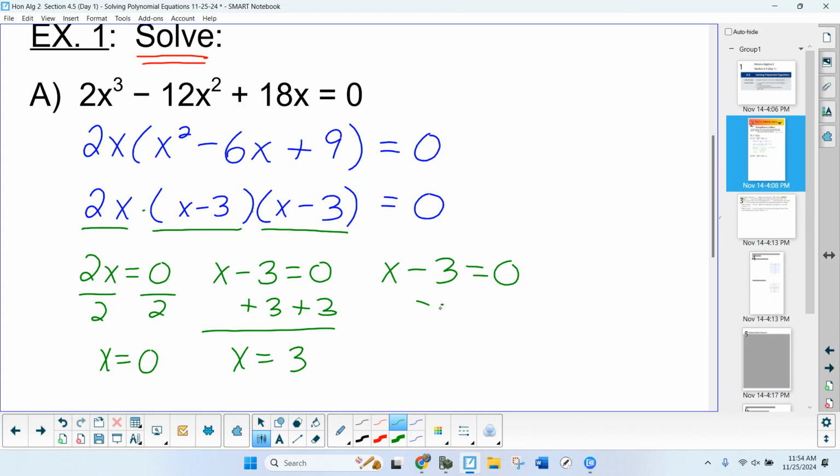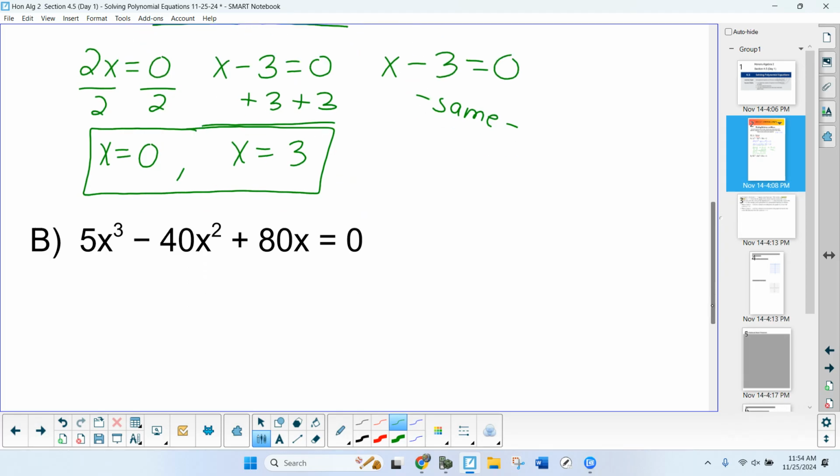The other is the same. So your two answers are x equals 0 or x equals 3. Thoughts on this first one? Did you solve it? Yep, you're done.